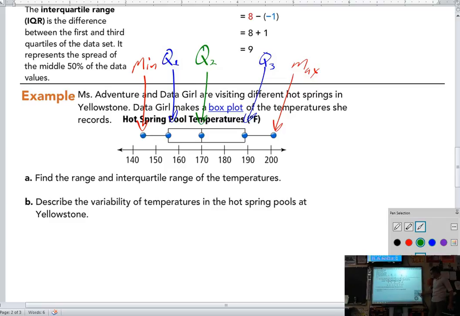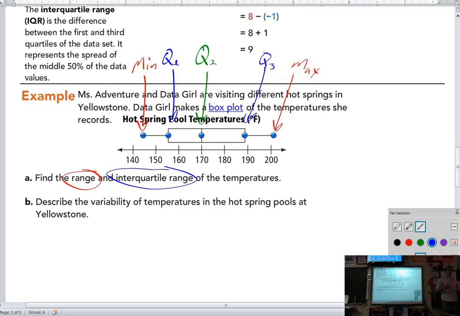So we were then left with the question, find the range and the interquartile range. Notice how I colored those intentionally. When we look at the range, Atticus, we're looking at the entire range of the data. How do I find that out?